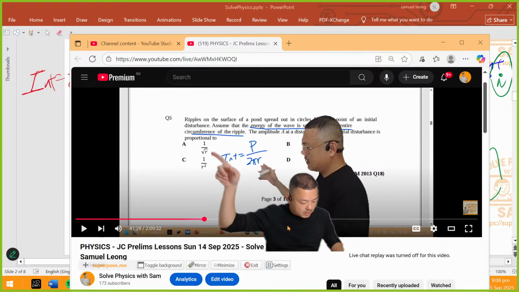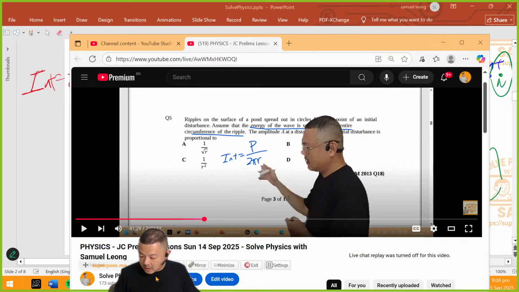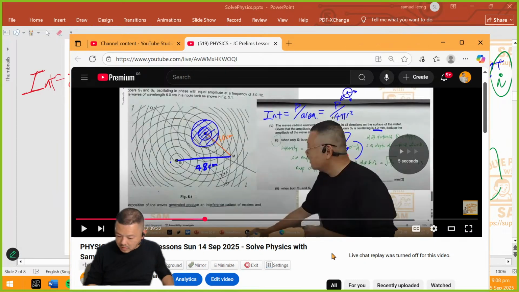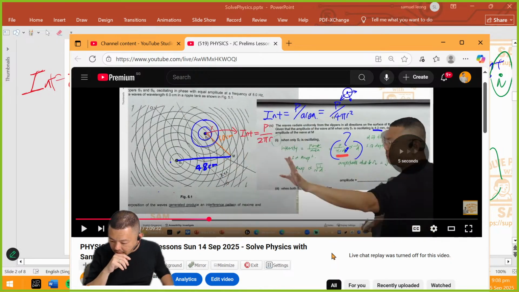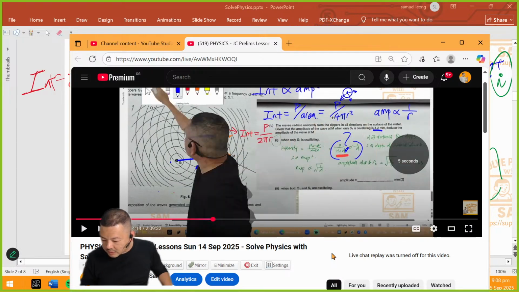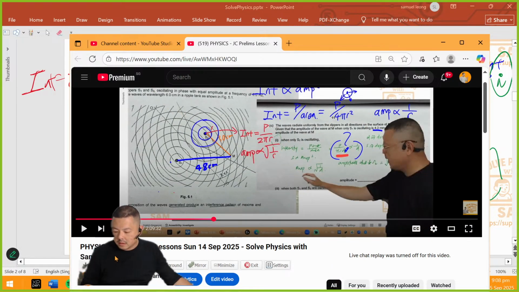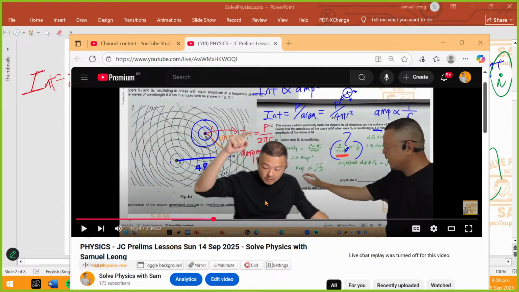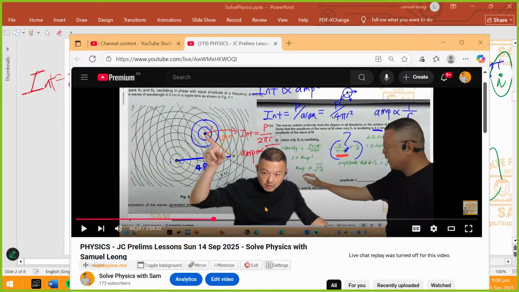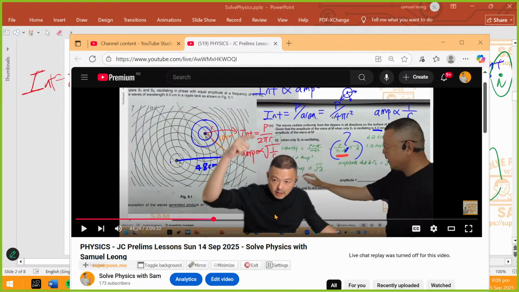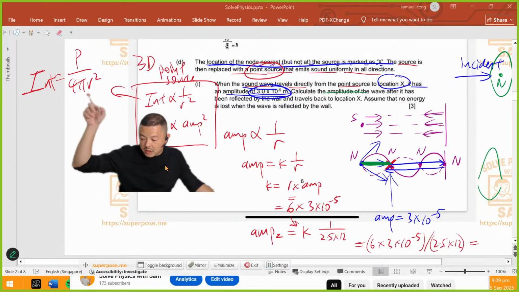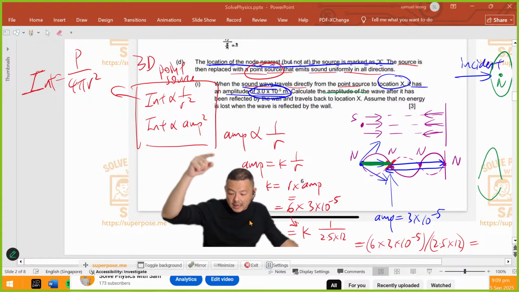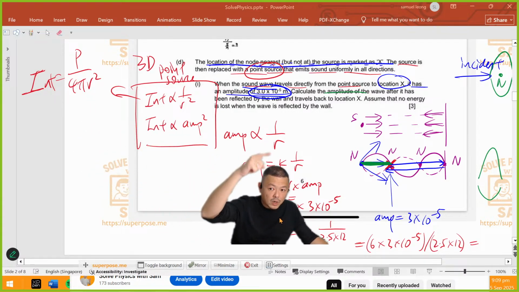Let me see whether I wrote it down somewhere. Yeah, there we go. So there are only these two versions. Flat circular water ripple: intensity inversely proportional to r, amplitude proportional to square root of 1 over r. And then there's a 3D point source, where intensity is inversely proportional to 4 pi r squared, and therefore amplitude is inversely proportional to r, no square root.